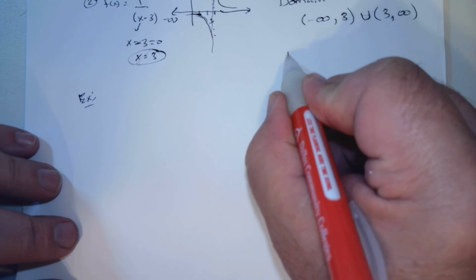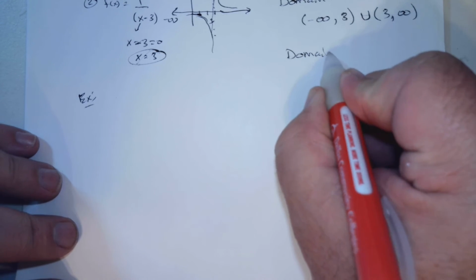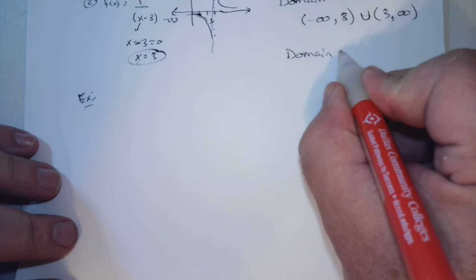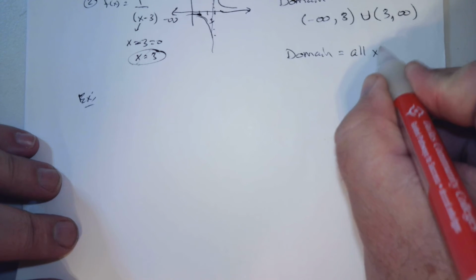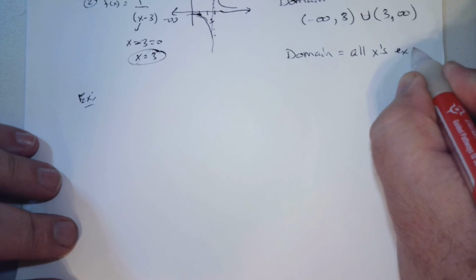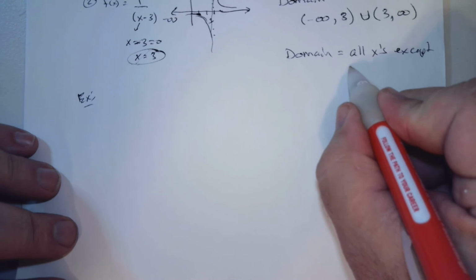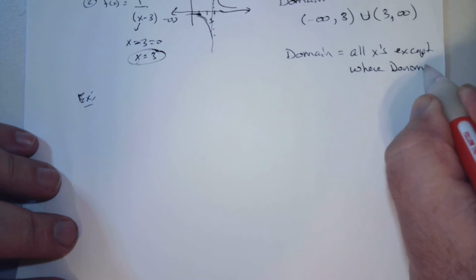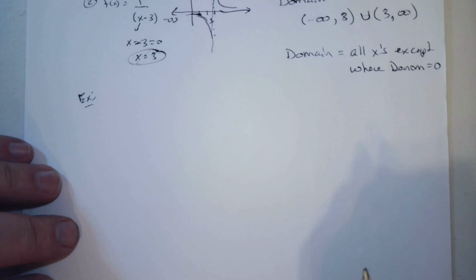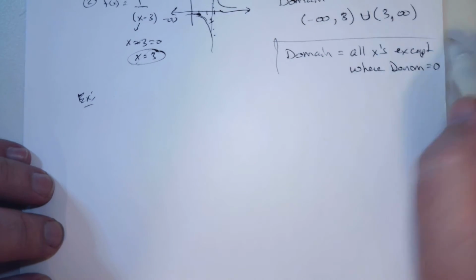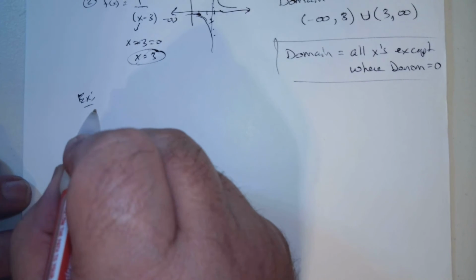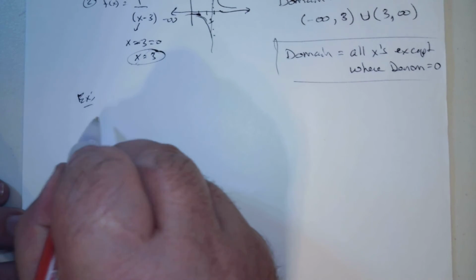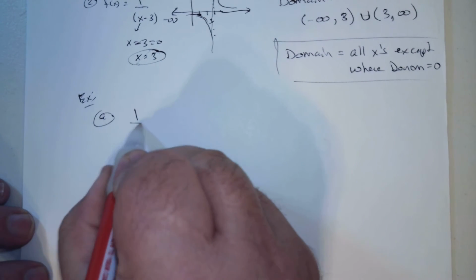So the domain is all x's except where the denominator equals 0. That's how you find the domain of a rational function. So here we have the first one, 1 over x.